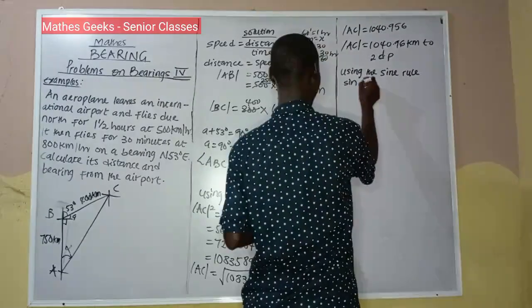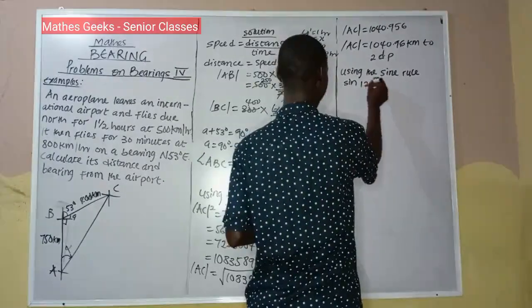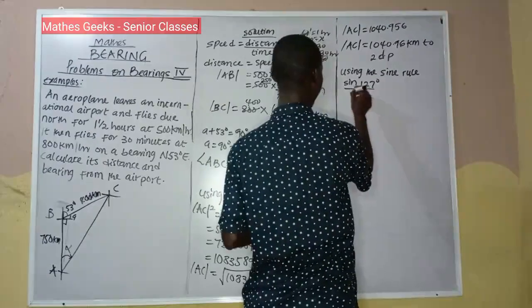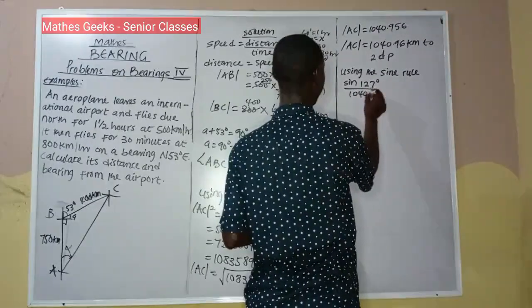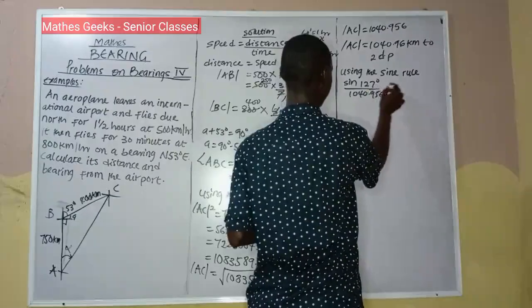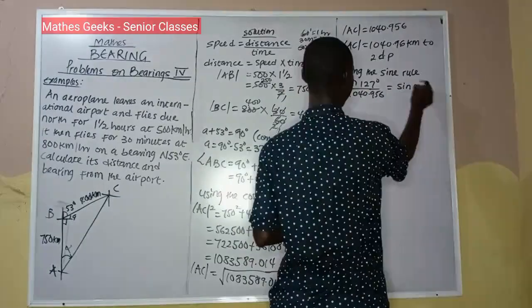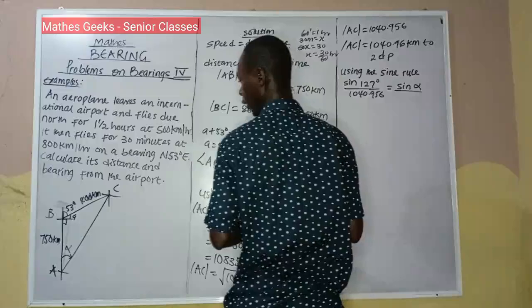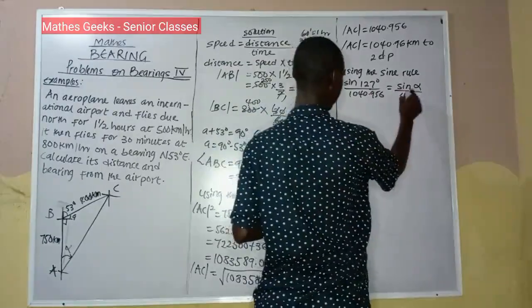sine 127 degrees over 1040.956 equals sine alpha over 400.